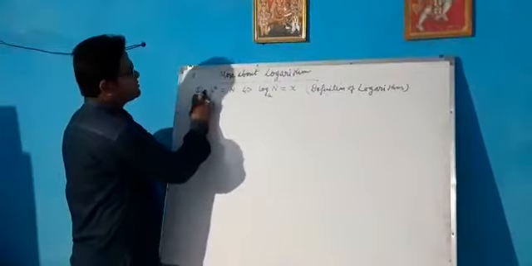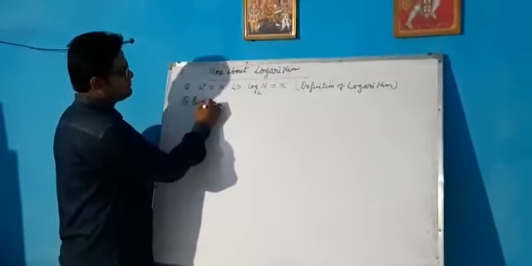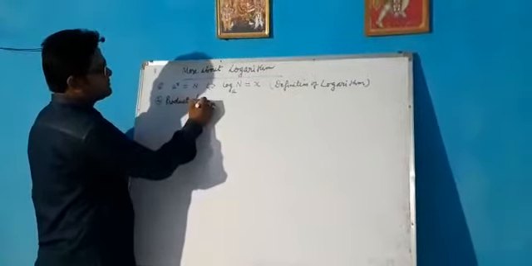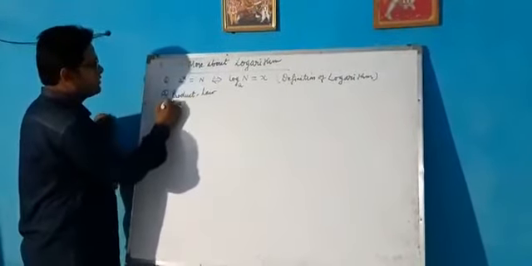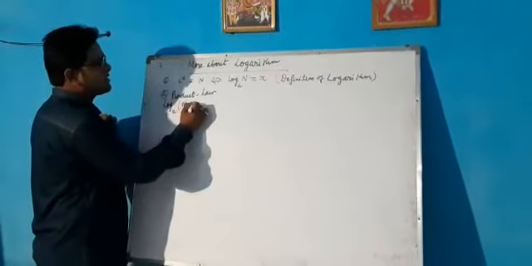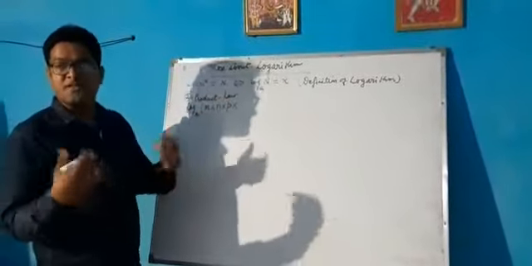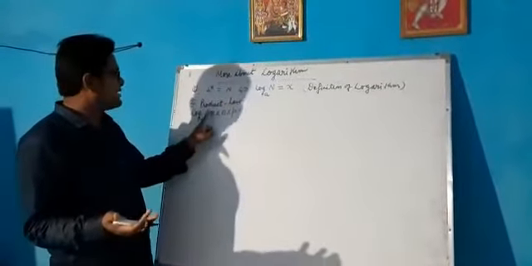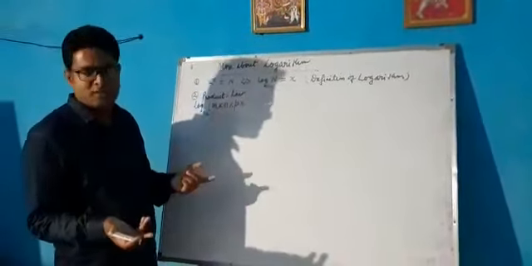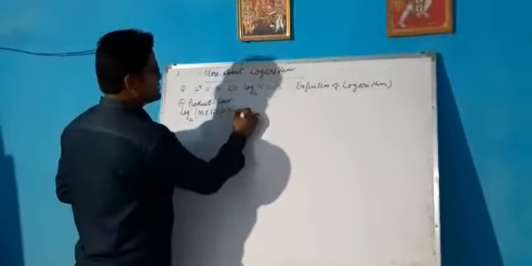Now some laws. Product law. See what is the product law? Log with base a, the numbers are m, n and p. In place of these numbers we can have functions also. So either they are functions or numbers, the rule will be same for them and so on.